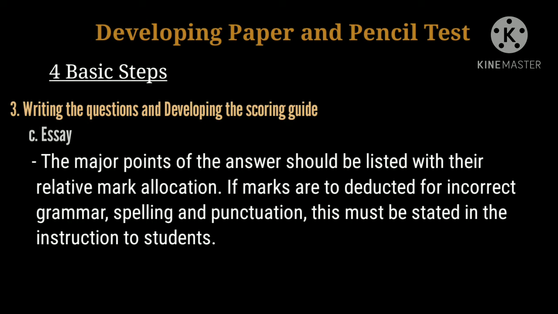If marks are deducted for incorrect grammar, spelling, and punctuation, this must be stated in the instructions to students. The scoring guide for short answer and essay questions should be flexible enough so that scorers can judge whether or not marks should be given to a variation of the answer.